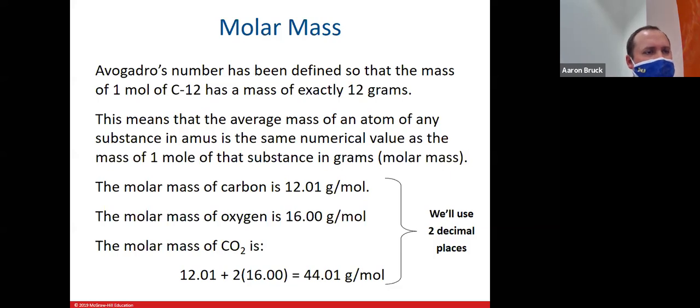And so to that end, Avogadro's number gives us some of this information by telling us that a chemical mole of a substance contains within it however much mass is associated with that element on the periodic table.